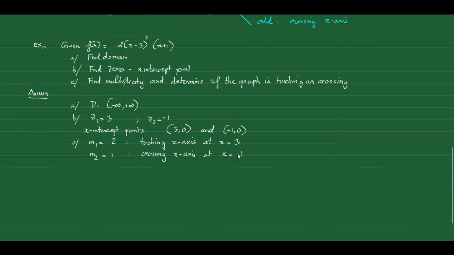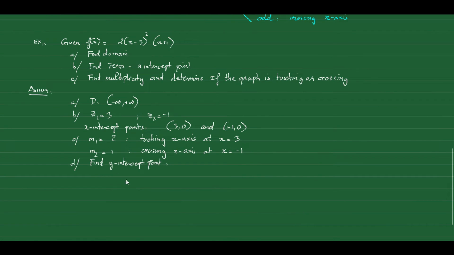Now, what if they want you to find the y-intercept point? Maybe I'm going to add another question here, part D: find the y-intercept point. In order to find a y-intercept point, you just replace x with 0.